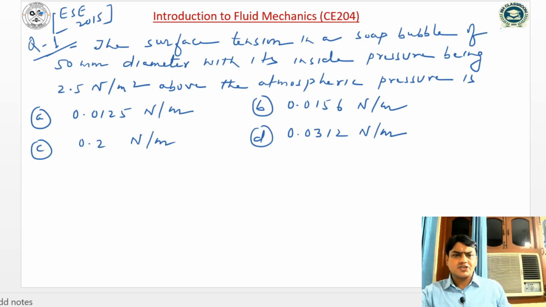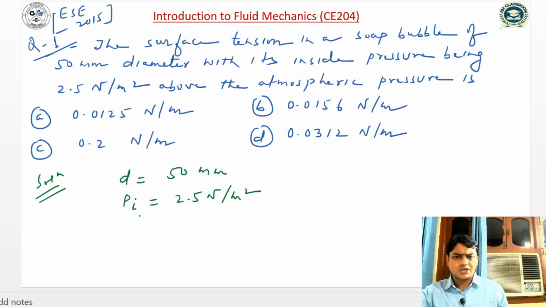The surface tension in a soap bubble of 50 mm diameter with its inside pressure being 2.5 Newton per meter square above the atmospheric pressure is how much? So here, in case of soap bubble, diameter is 50 mm, inside pressure is 2.5 Newton per meter square, and above atmospheric pressure, so P0 can be taken as 0.